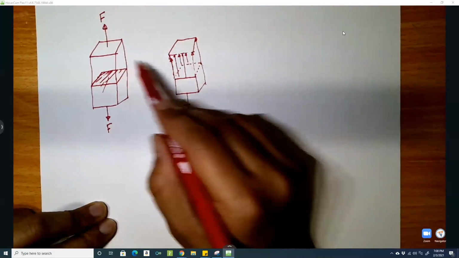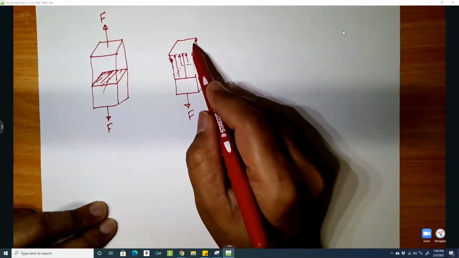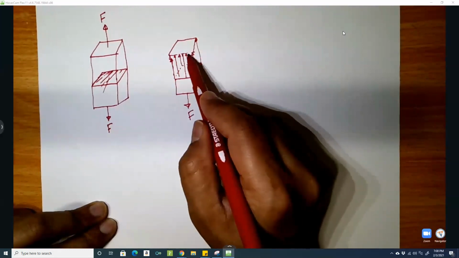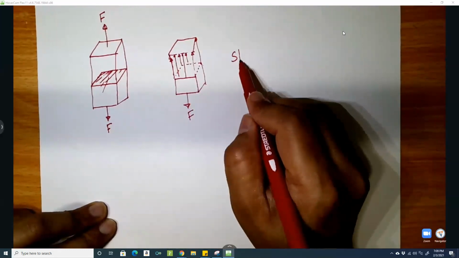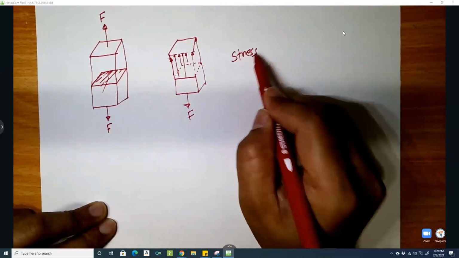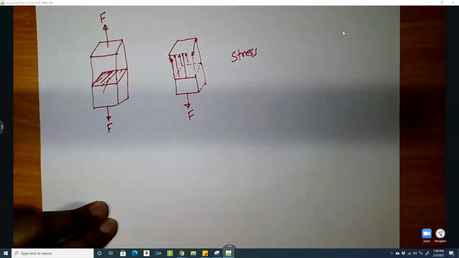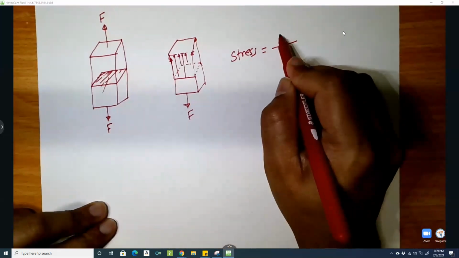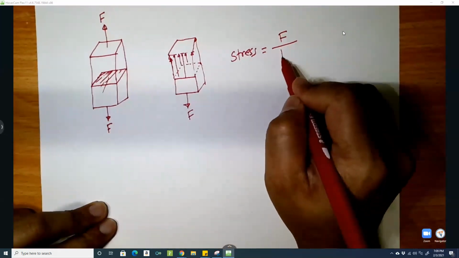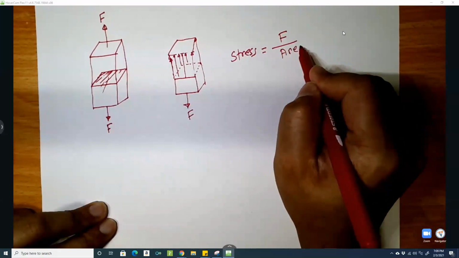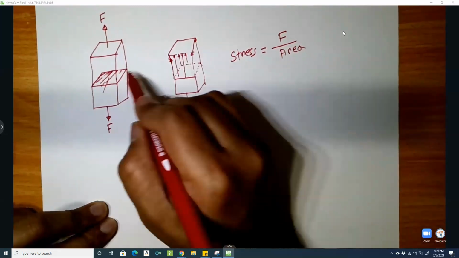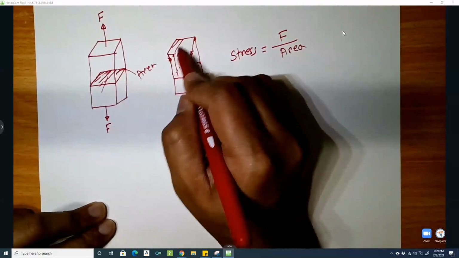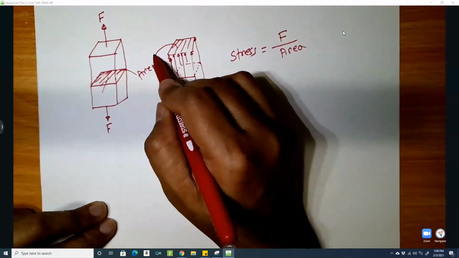This force will be distributed to the entire body, for example in this plane. Now the stress is this force divided by area. The area means this area.